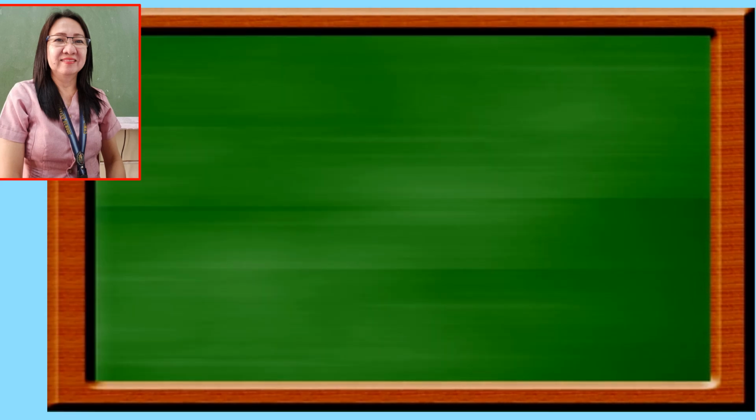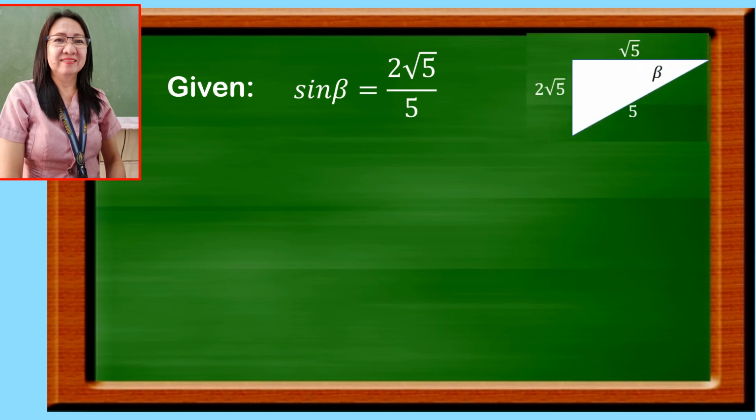Now we are ready to find the other trigonometric functions. Our given again is sine beta, which is 2 square root of 5 over 5. Then we have our illustration. Let us start with cosine beta. Cosine is described as adjacent over hypotenuse. So adjacent is square root of 5 over the hypotenuse, which is 5.